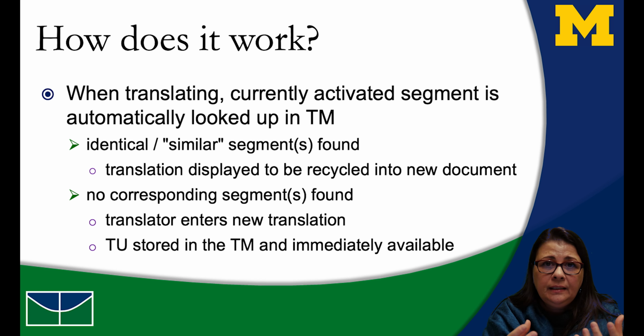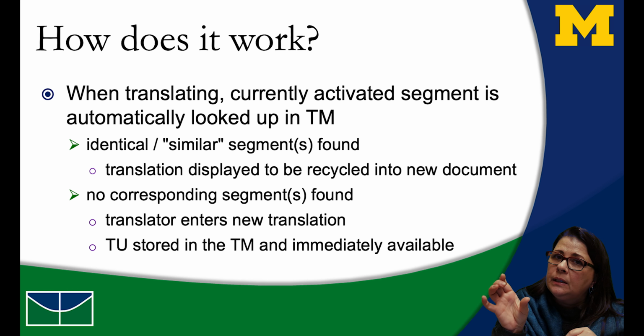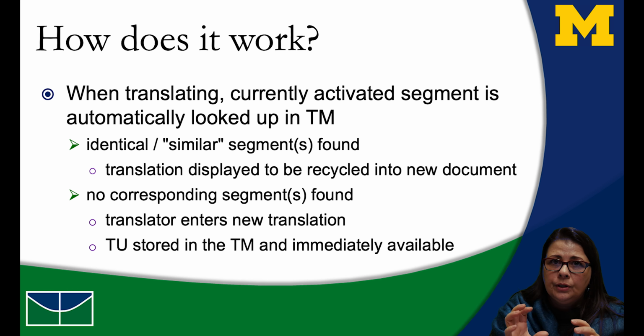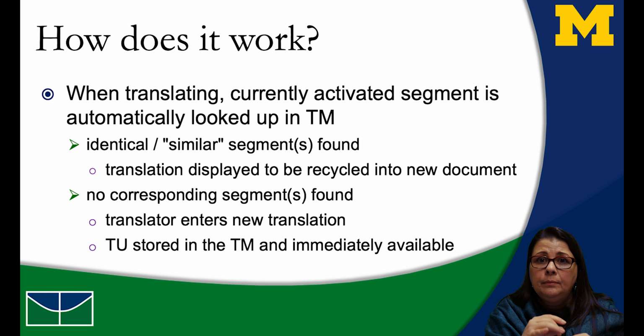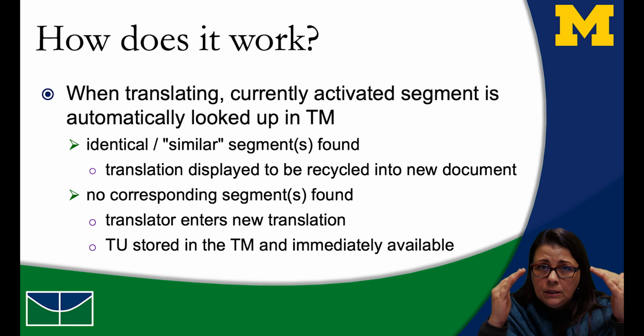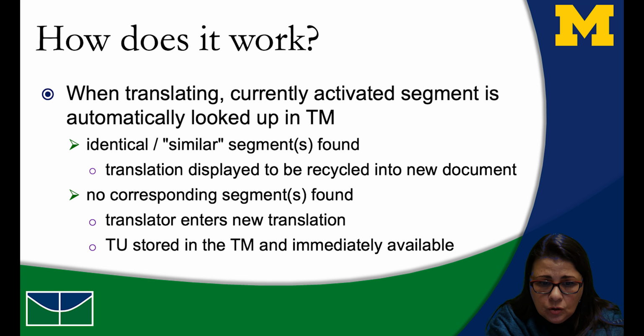And if it finds anything that's equal or very similar to what you're translating now, it's going to show you some solutions somewhere in your screen for you to reuse it or not. If you think it's useful, you just insert them and make the changes and commit, creating a new translation unit.